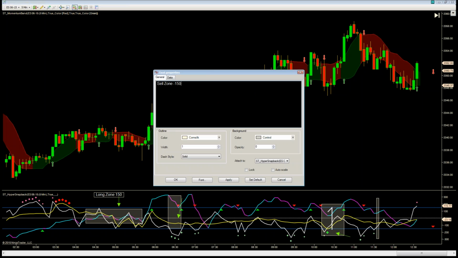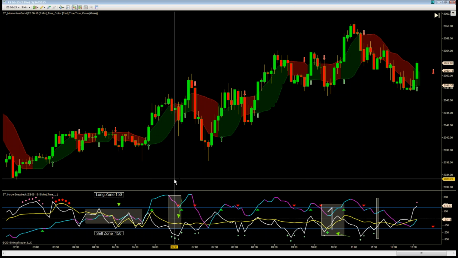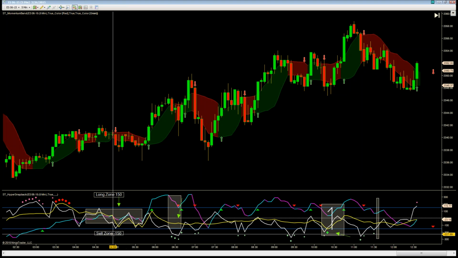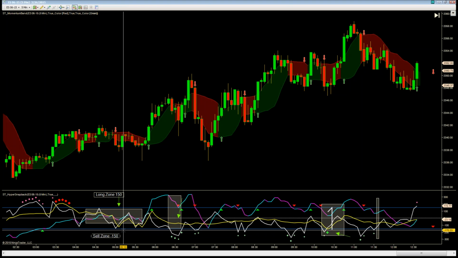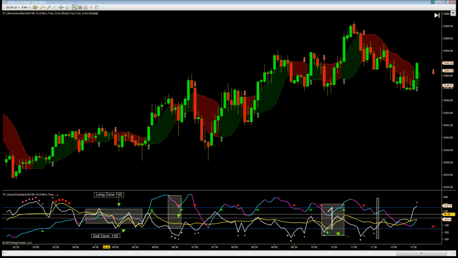And that's minus 150. And that would be this line right here. So whenever we have the white, the yellow, and our trend line, which is blue and magenta, we're not trading. Now there are other ways to trade, but that's not what we're talking about here.